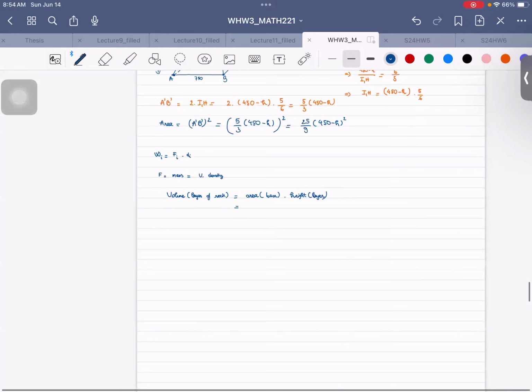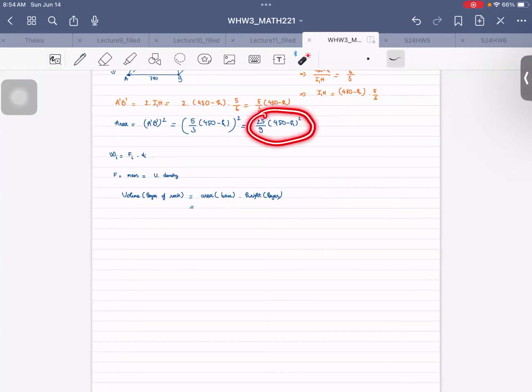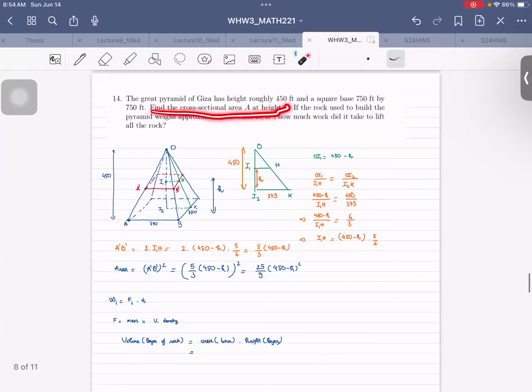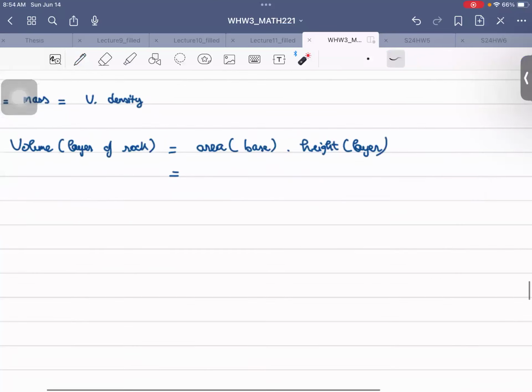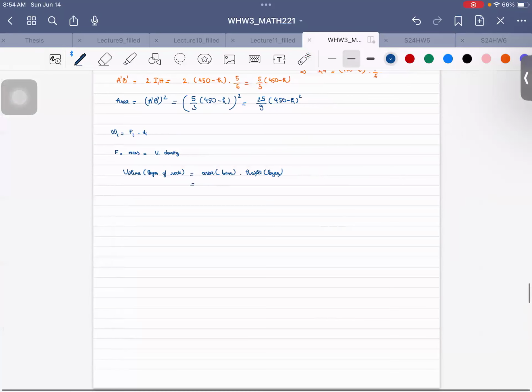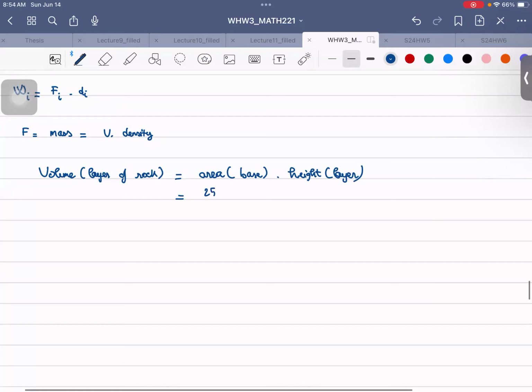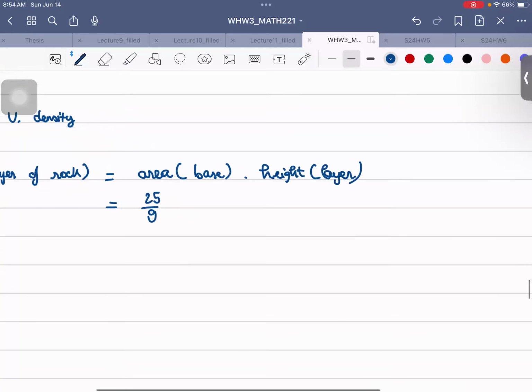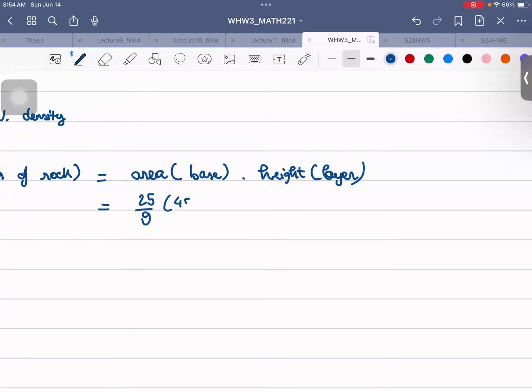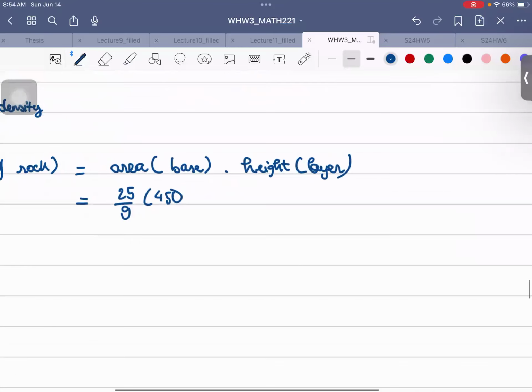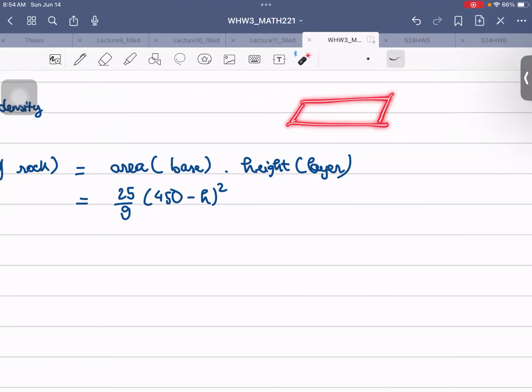The area of the base is determined by the formulation that you obtained from part one, the cross-sectional area of the red square at height h. So I have 25 over 9 times (400 minus h squared).